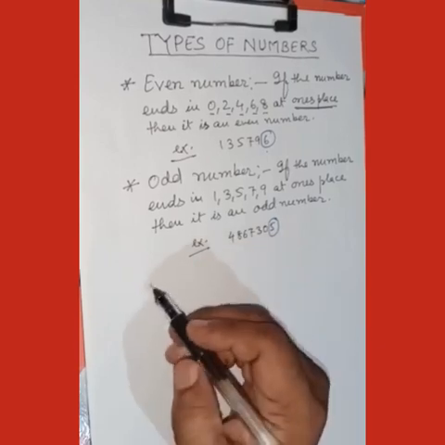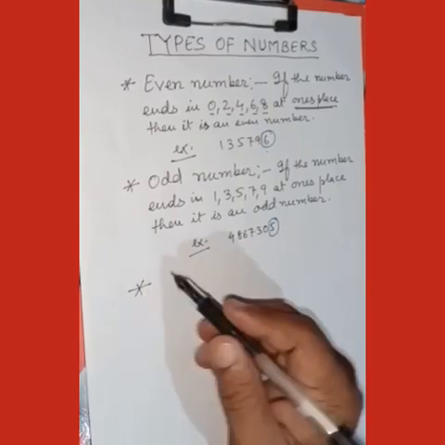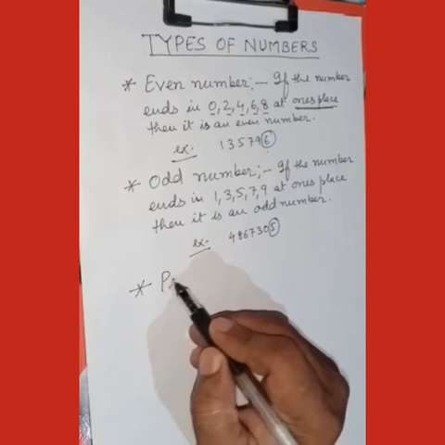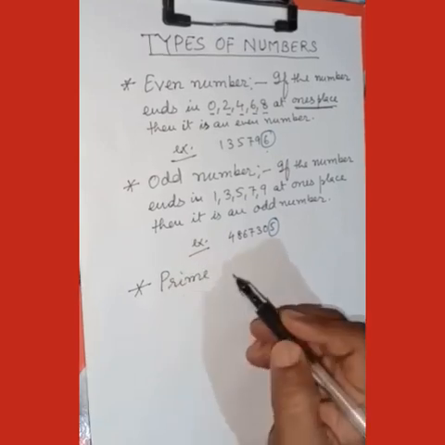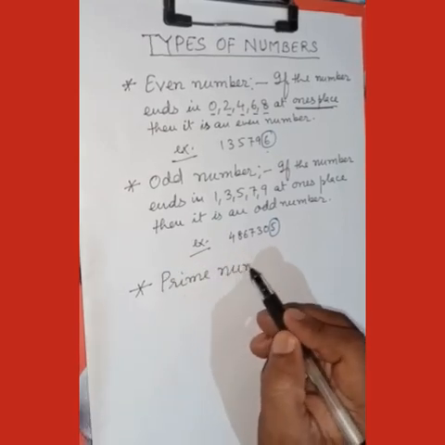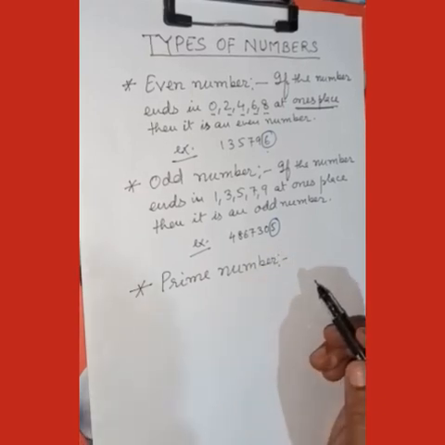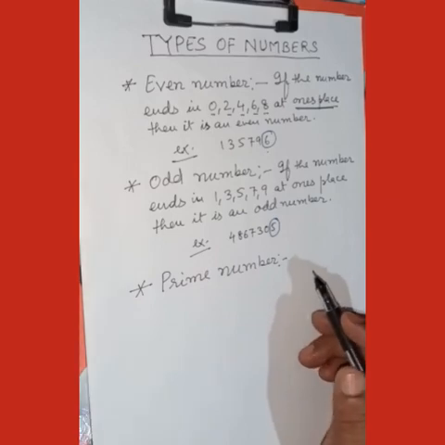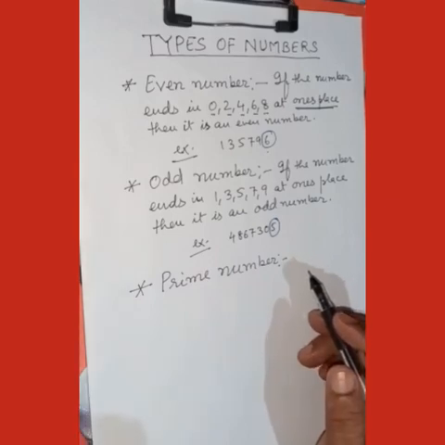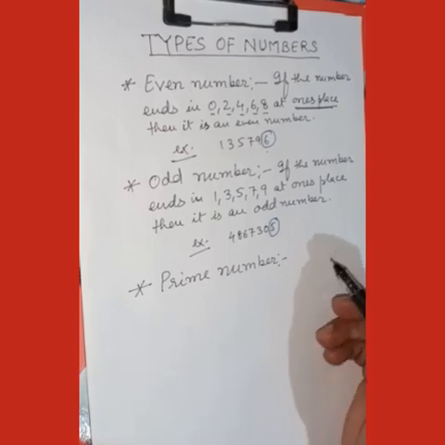Okay student, now next is prime number. So we know that prime number, how you will know that it is a prime number? Prime number will be having only two factors. Okay, only two factors.